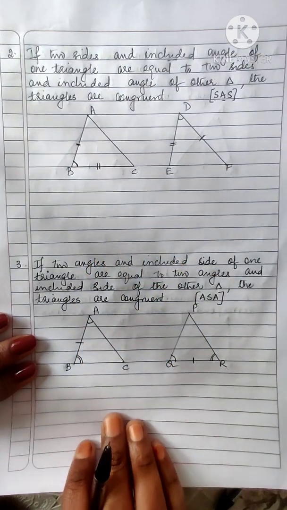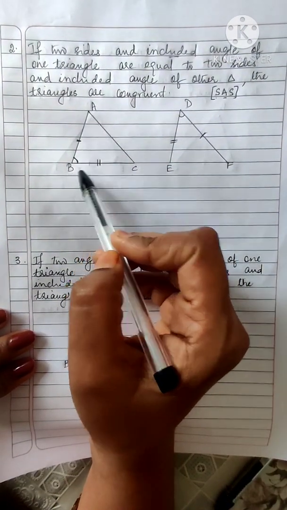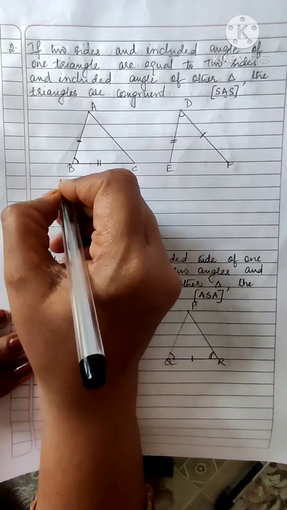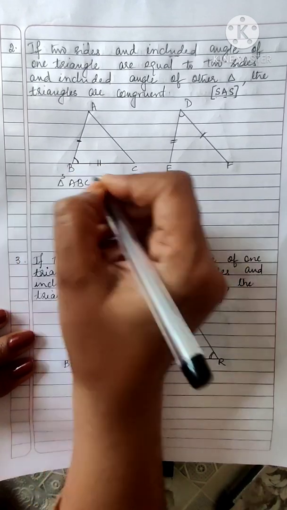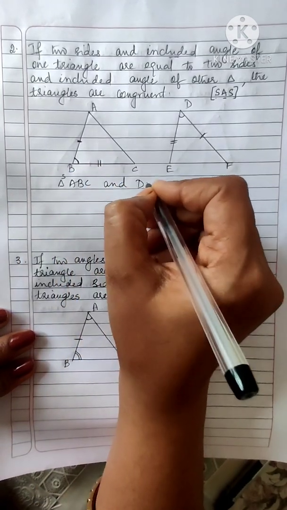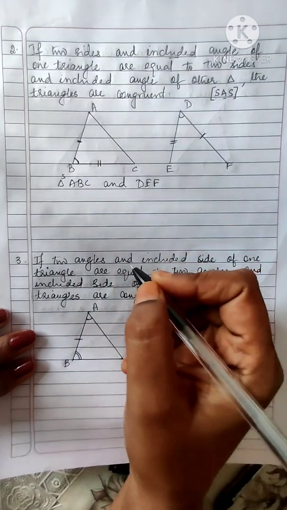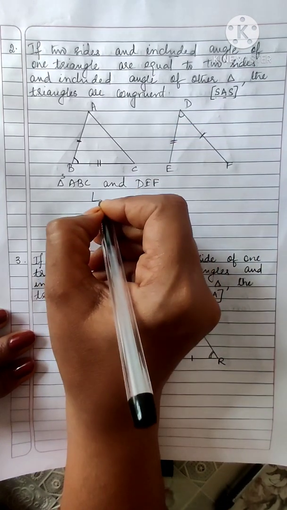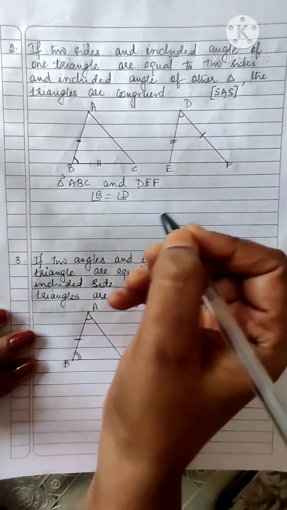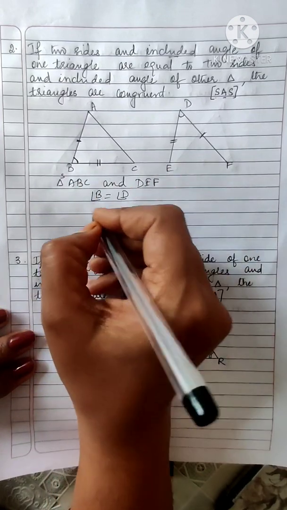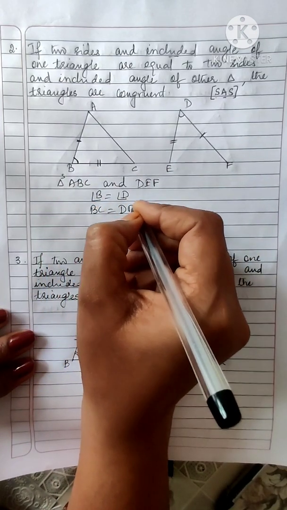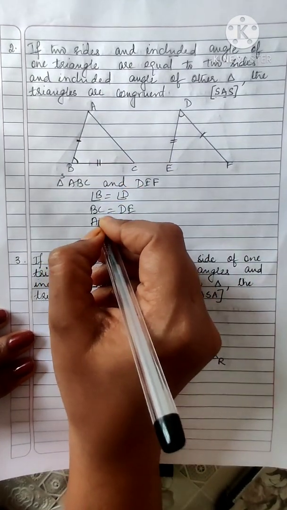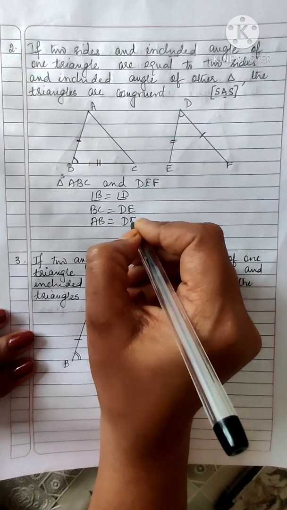Now you can observe this example. You have one triangle ABC and triangle DEF. In triangles ABC and DEF, the elements which are equal: angle B is equal to angle D, it is given, and BC is equal to DE, and AB is equal to DF.